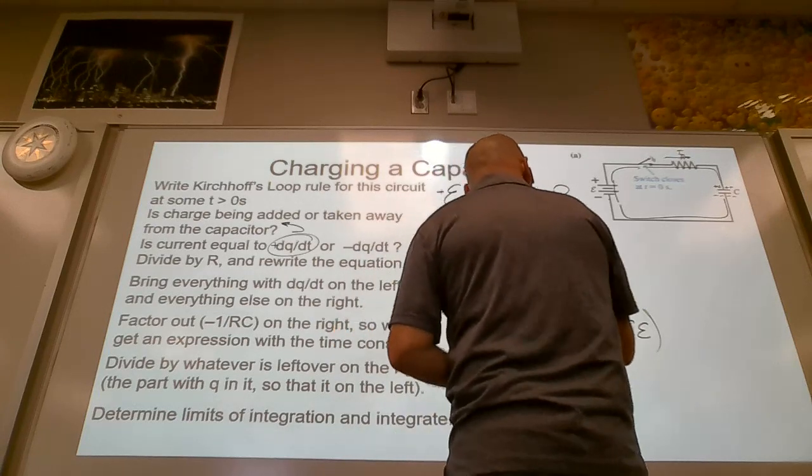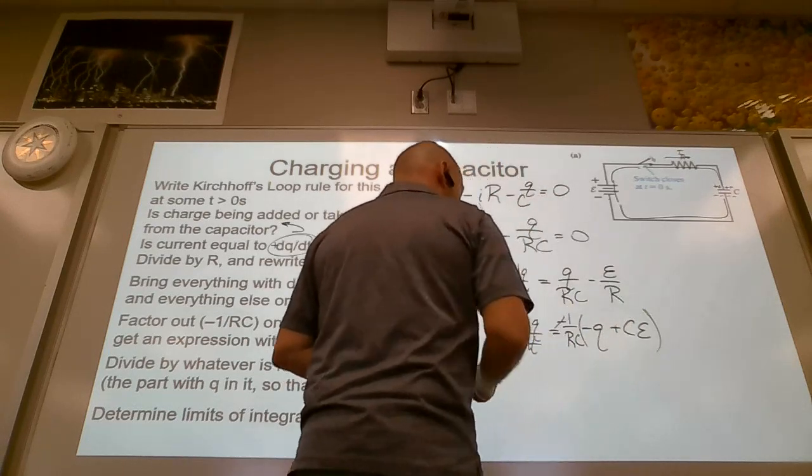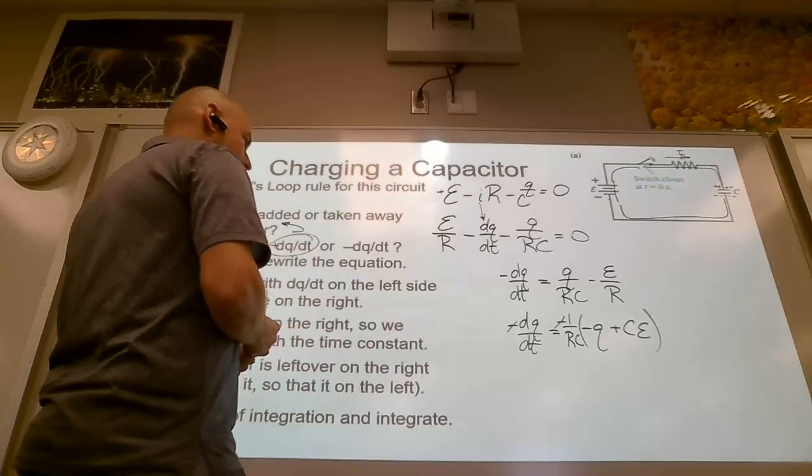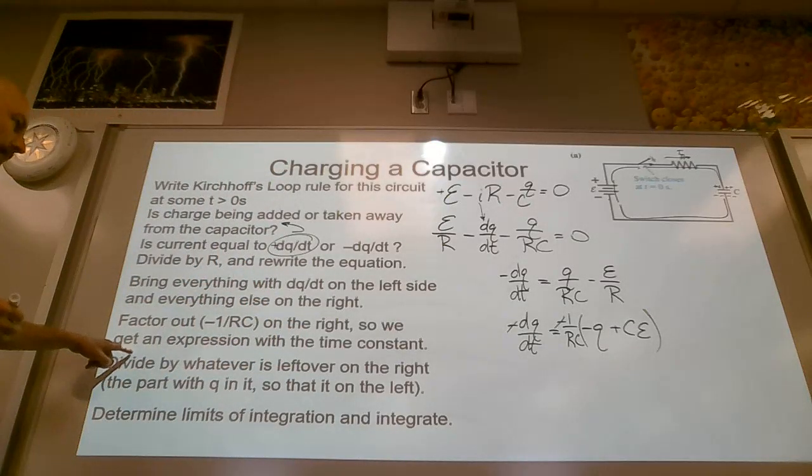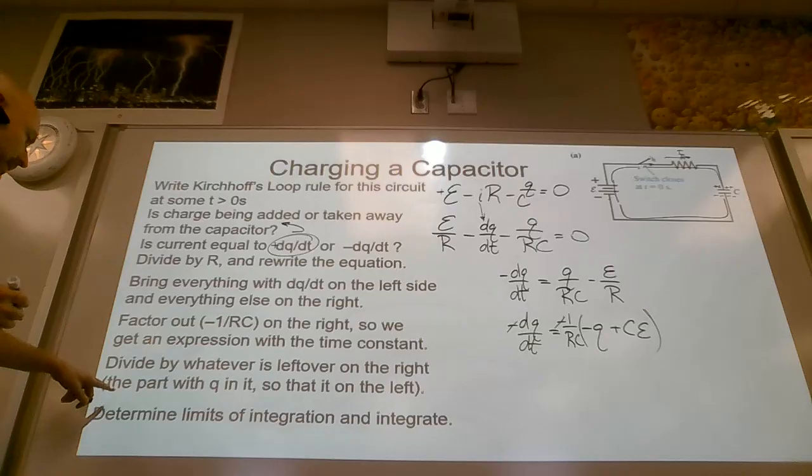Okay, so I'm going to get rid of the negatives. And then we get an expression with time constant. Okay, divide by whatever is left over on the right.